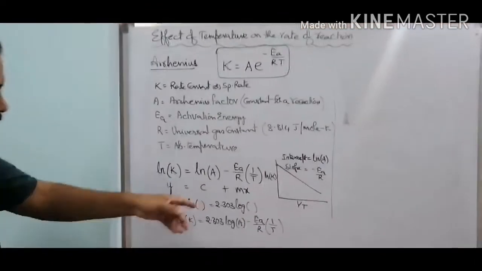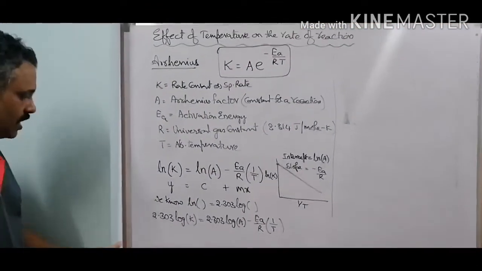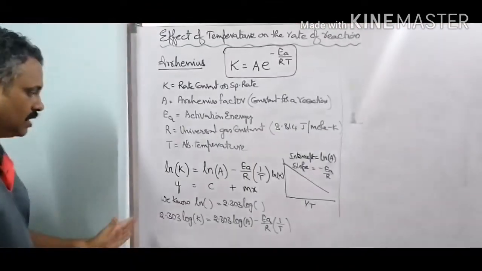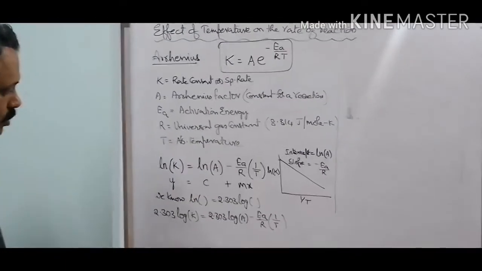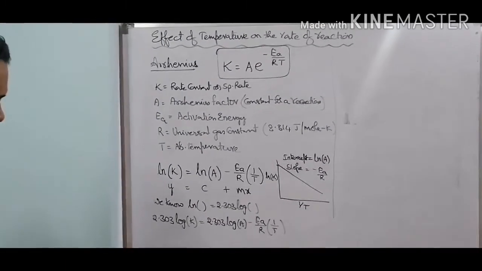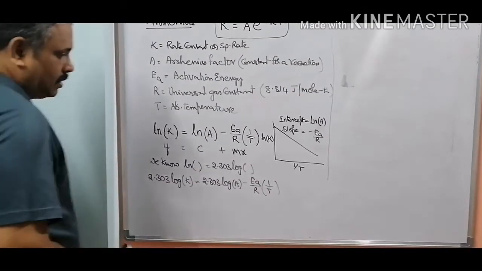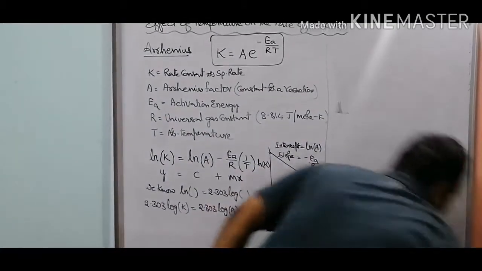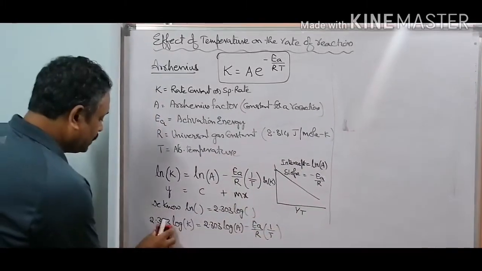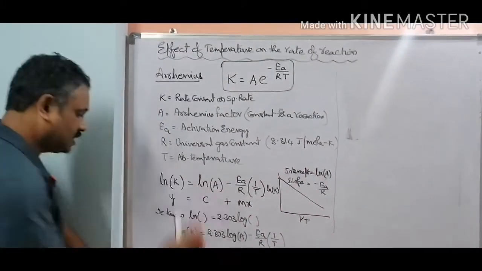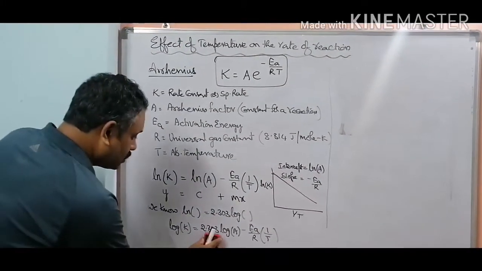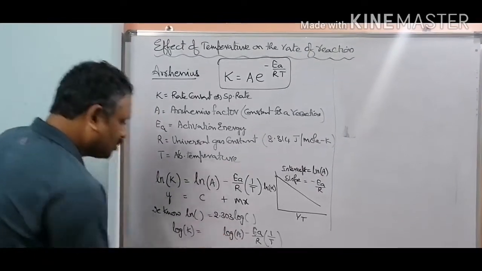As you have 2.303 on both the sides of LHS and RHS, let us divide this equation throughout by 2.303. If you divide this equation by 2.303, then you can observe on division this 2.303 here vanishes out. Similarly, here also it vanishes out.